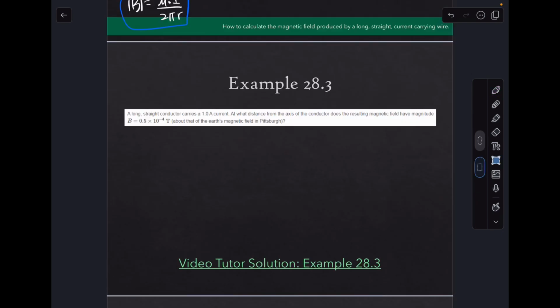All right, so let's do this example where we have a long straight conductor carrying 1 amp of current, and we're asked what is the distance from the axis of this conductor.